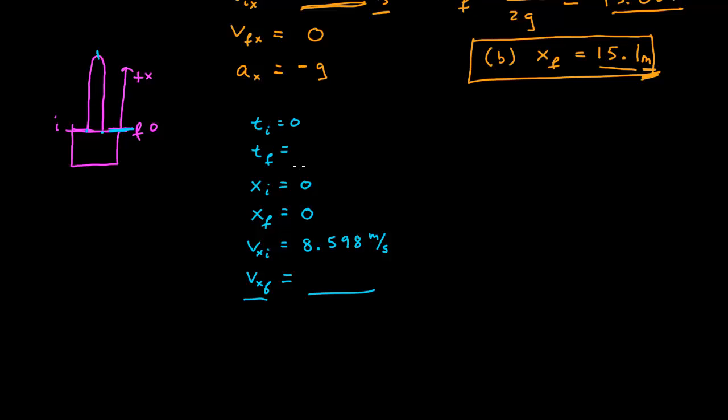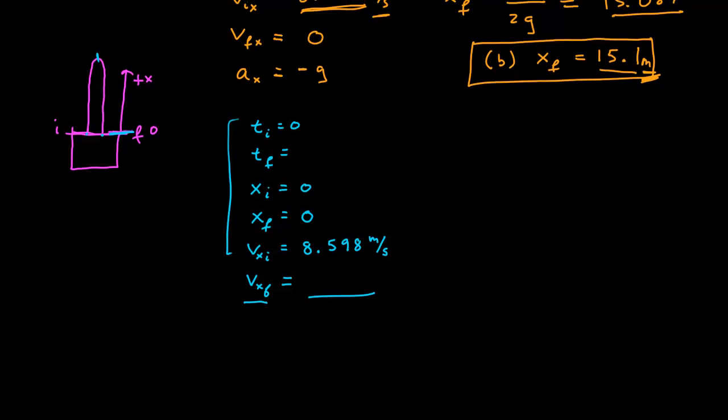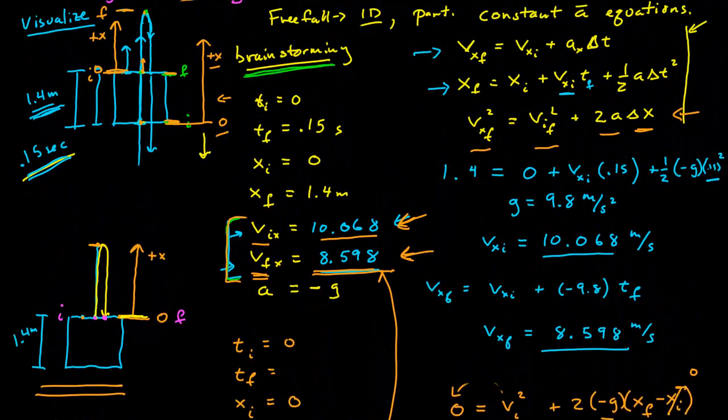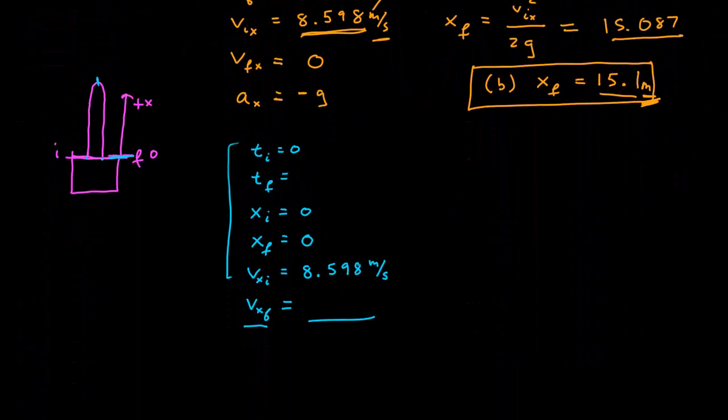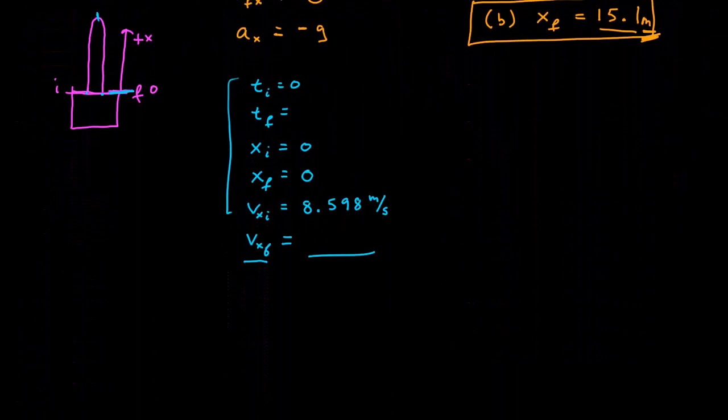The thing is, I have plenty with these expressions to solve for the time, because I know my initial velocity, my initial and final position, and my acceleration, so I can solve for the time. Okay, so let's go ahead and do that.